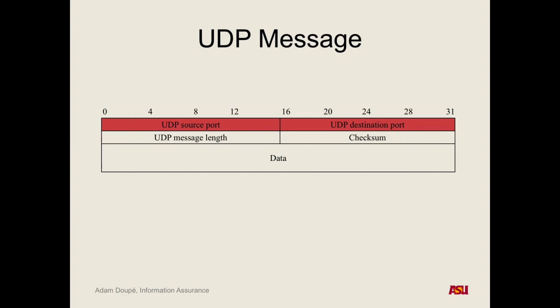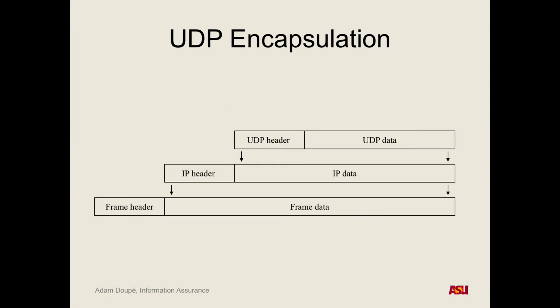Again, there's no authentication, there's no repudiation. You just get a packet and these are the values in the UDP header. Building up on our encapsulation, we have the Ethernet layer, the IP layer, and then the UDP in that IP data, where finally we have our actual application level data in the UDP data.